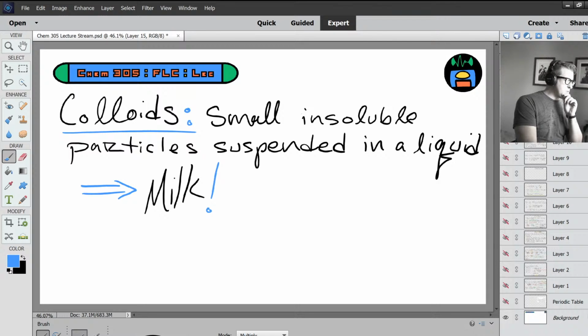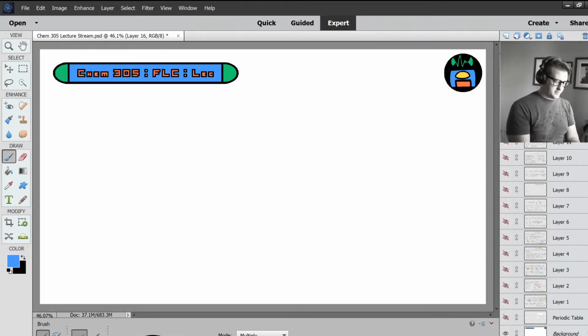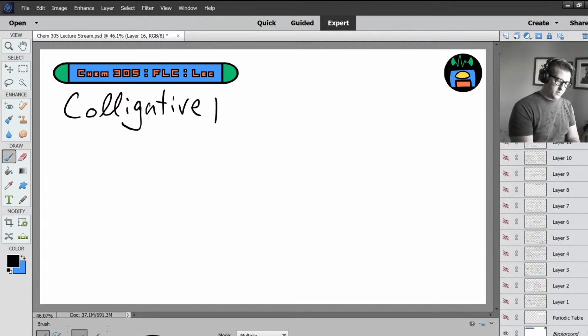Now, we've got two last things to talk about in chapter 8. I don't think we're quite going to finish them, but I'm at least going to start. One is something called colligative properties.